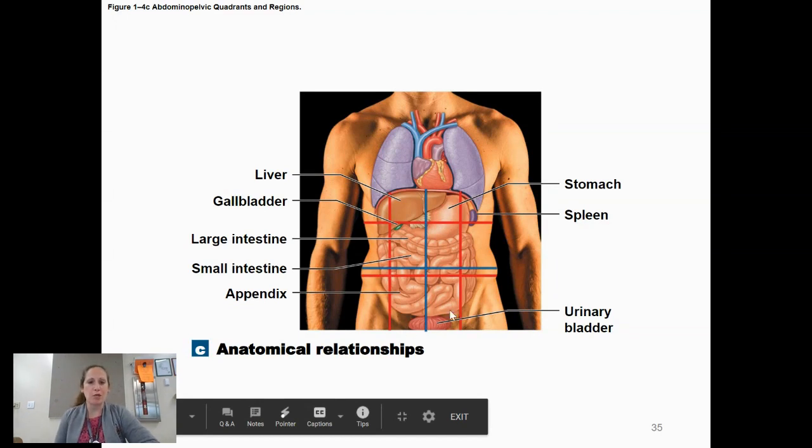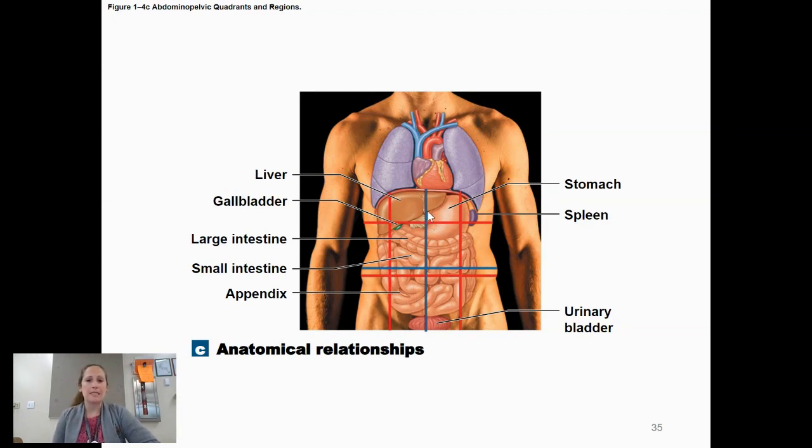Here's that picture I mentioned where it shows you the different anatomy inside of the different quadrants. I'm going to have you focus on the blue line right now. The red line is our tic-tac-toe, and we're not going to focus too much on that. But if you look at the blue lines, you can see the separation, and you can see the main organs of the abdominal cavity. Like I said earlier, here's that liver, gallbladder, and pancreas on the right upper.